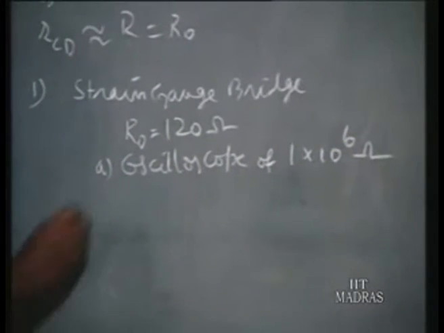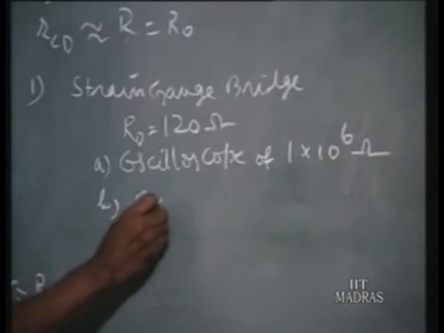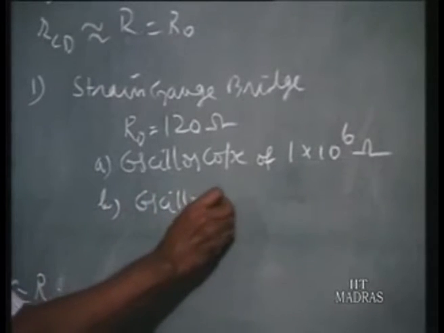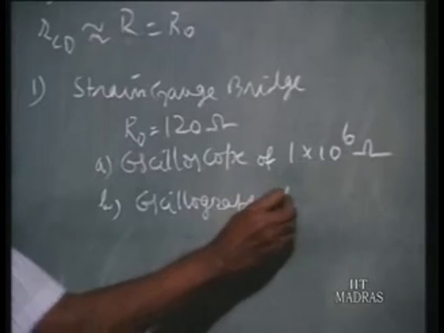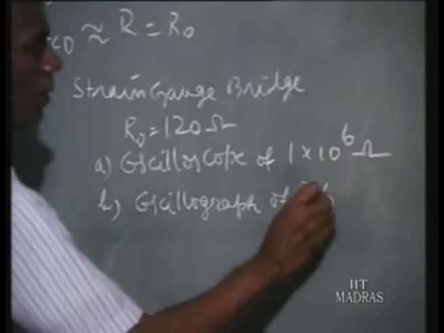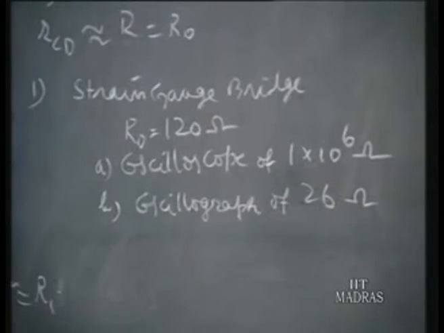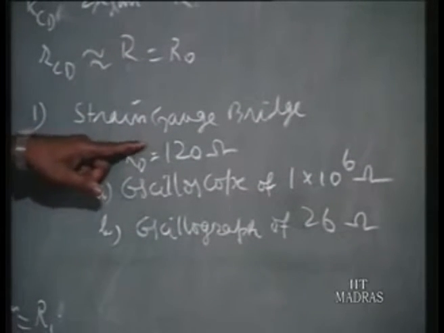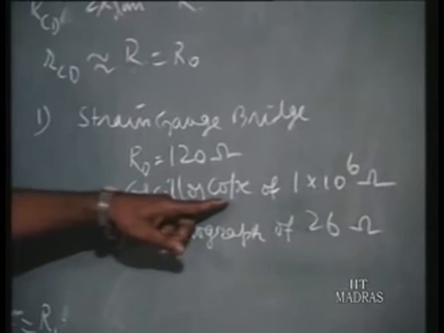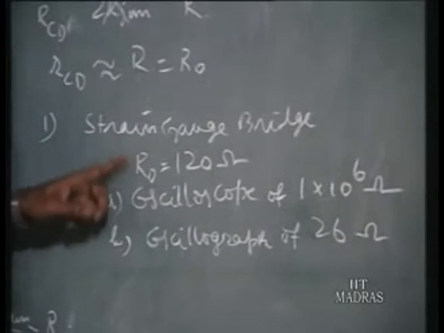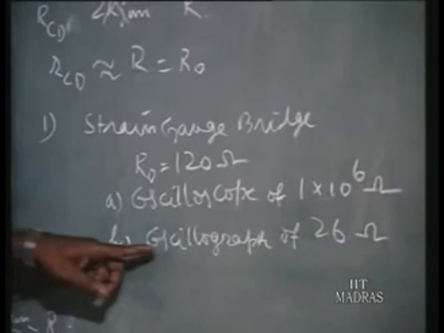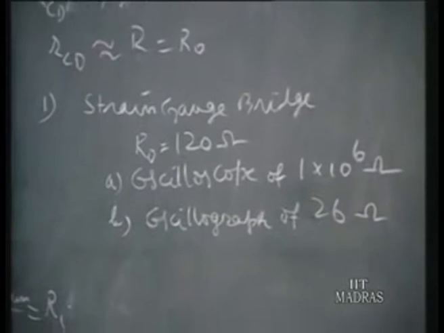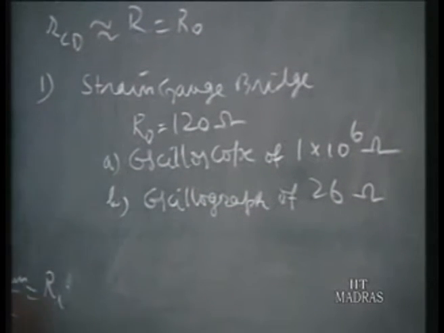Another possibility is an oscillograph of 26 ohm. This is the instrumentation. Once the strain gauge bridge output is read with an oscilloscope, or in another instance read by an oscillograph where it is recorded. The question is, what is the loading effect in these two cases?